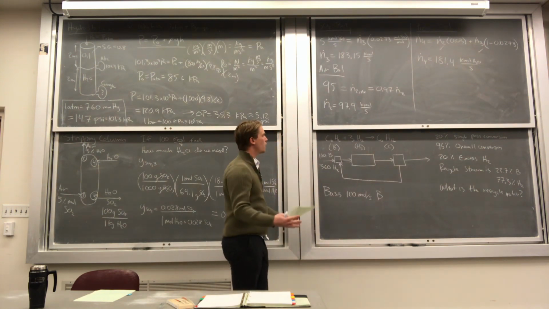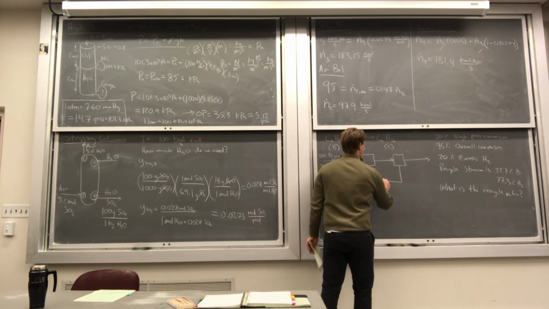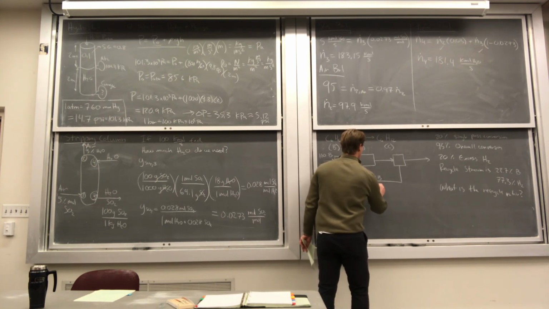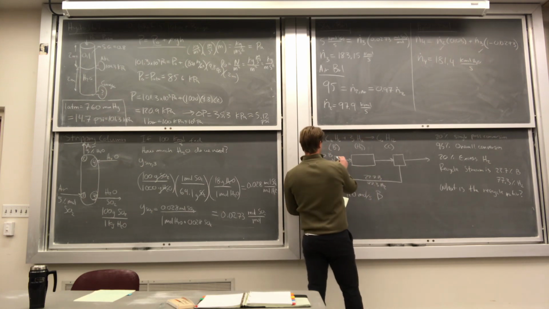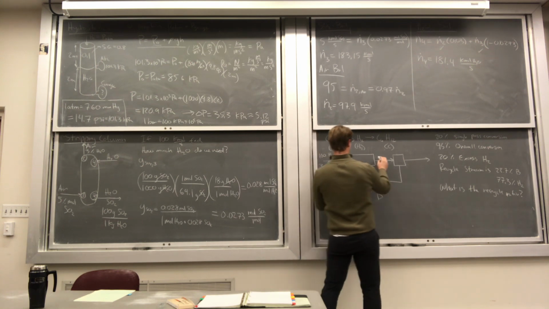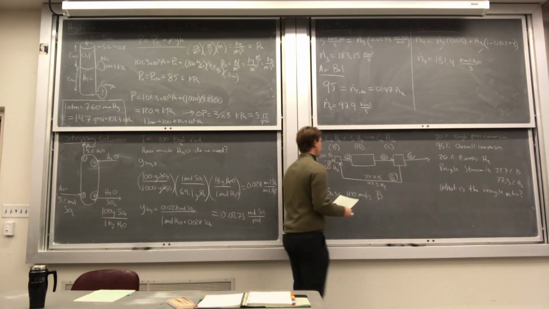Now you're like, okay, so how do I figure out the recycle ratio? I'm just going to fill this in here, 22.7 benzene and 77.3 hydrogen. I'm going to label my streams 1, 2, 3, 4, and 5.